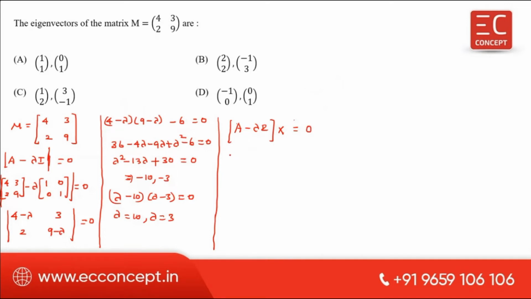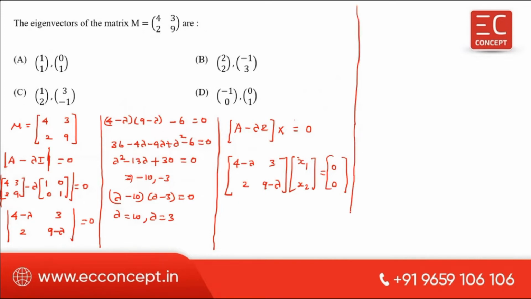We know this one: [4 minus lambda, 3; 2, 9 minus lambda] into X, where X is [X1; X2], equal to [0; 0].